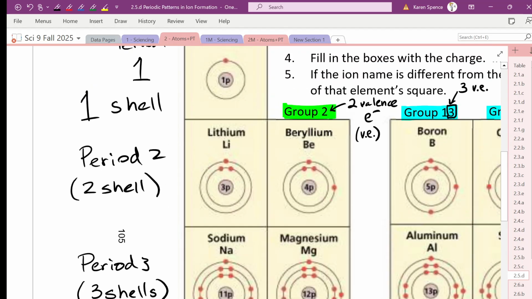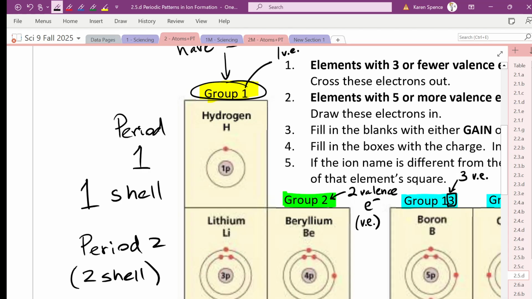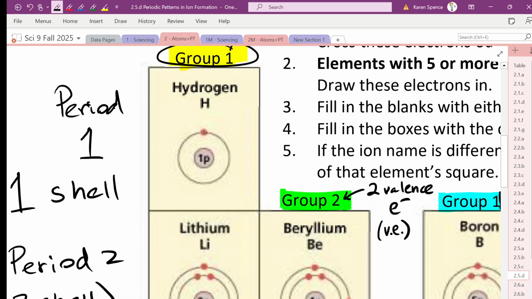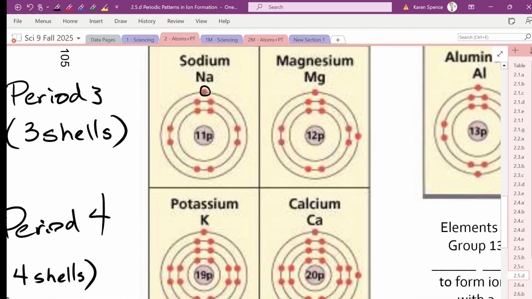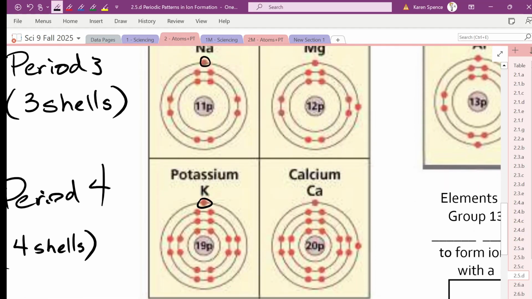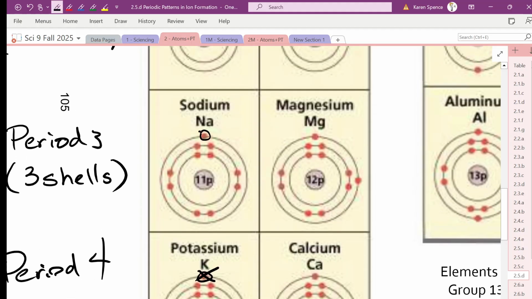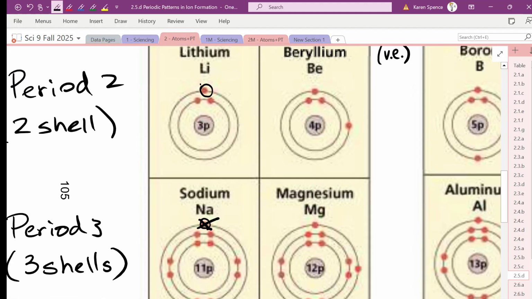So for group 1, how will group 1 become ions? Will they lose electrons or gain electrons? In group 1, I am going to lose. So let's show these electrons being lost. We can't erase them because they're printed on the page, so let's cross them out.